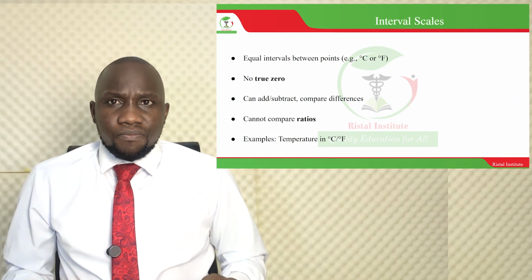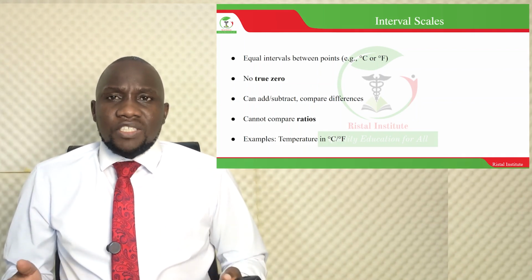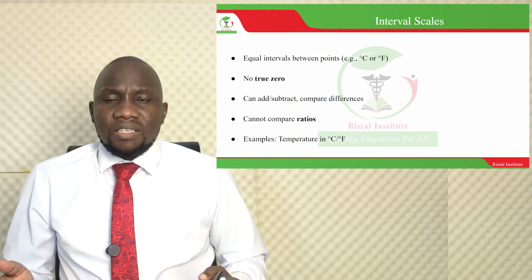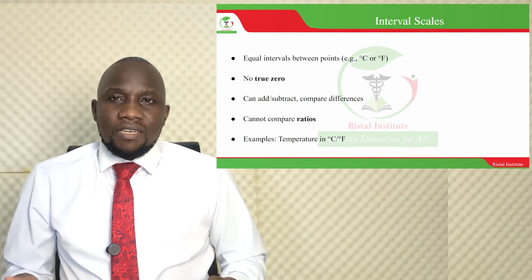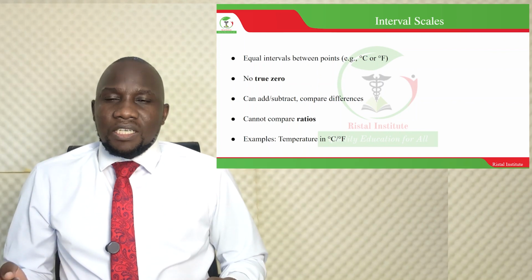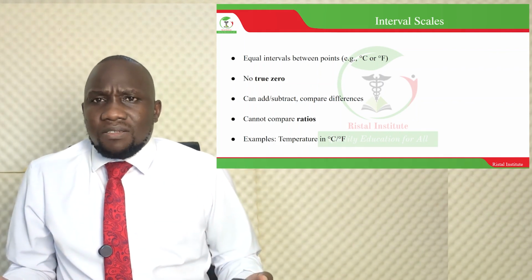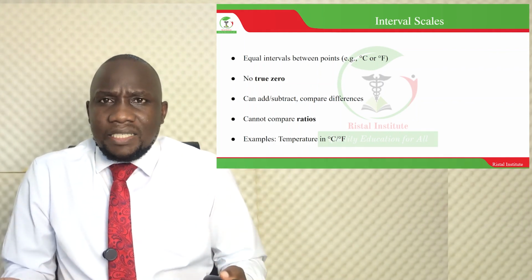If you have a ratio of temperature in degrees centigrade, you have 20 over 10, what do you get? You get 2, right? And then you have 40 over 20, you get 2.